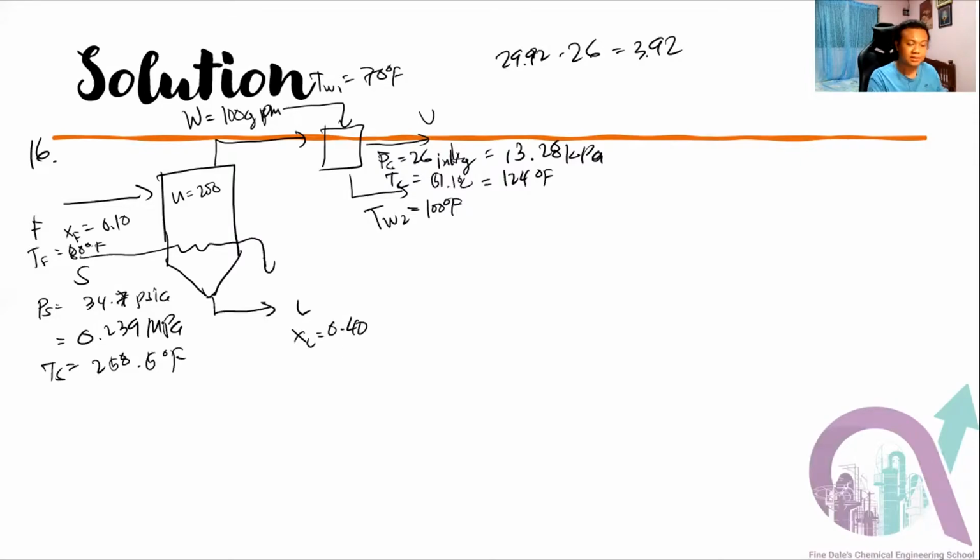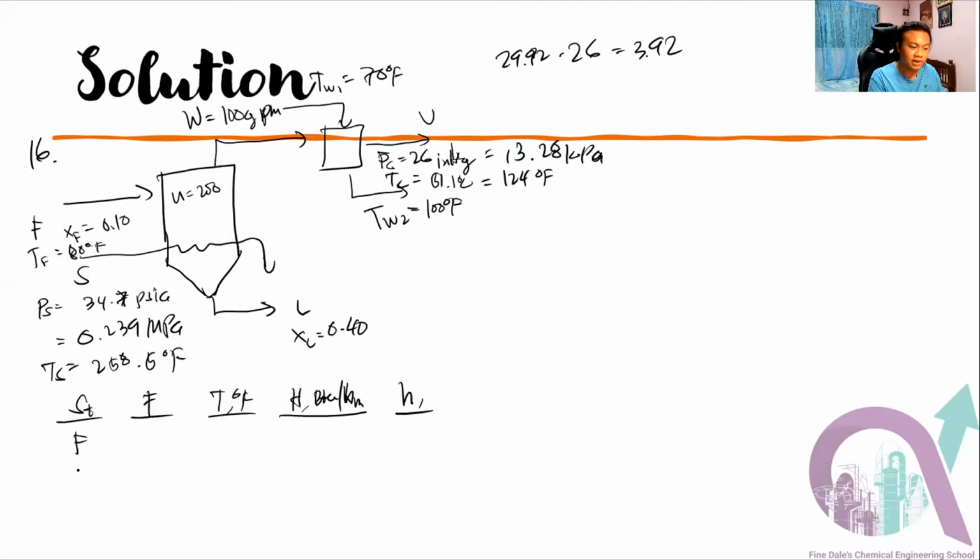So to make this easier, let's tabulate everything. We have our stream, and then the flow rate, the temperature, the latent heat, or the enthalpy, not latency. So this is in BTU per lbm. And then also the small h, same with the unit.